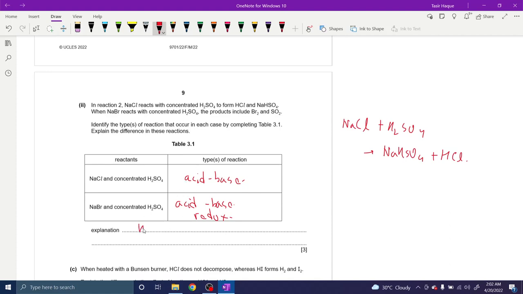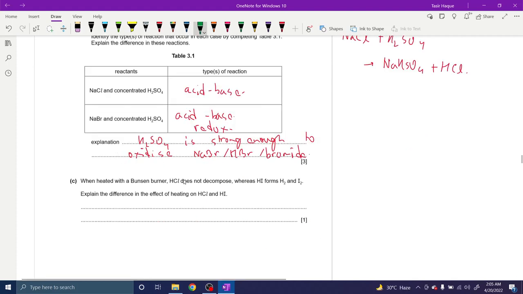What about the explanation? I just told you guys H2SO4 is strong enough to oxidize NaBr or HBr, the product of the reaction, or just bromide, Br minus. When heated with the Bunsen burner, HCl does not decompose, whereas HI decomposes.